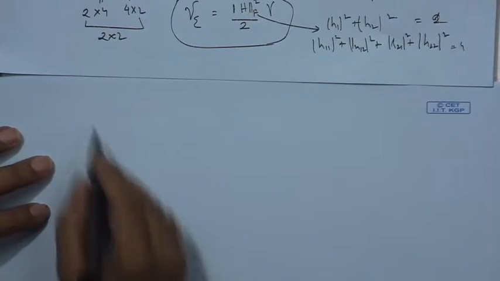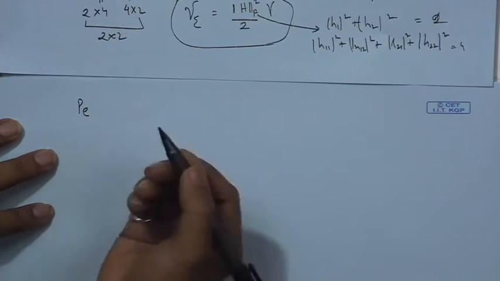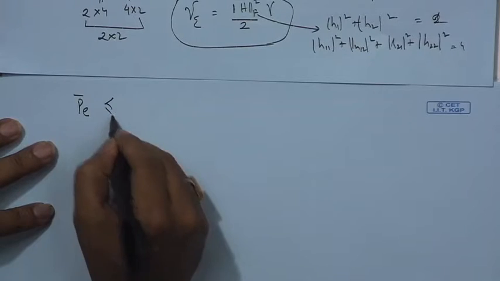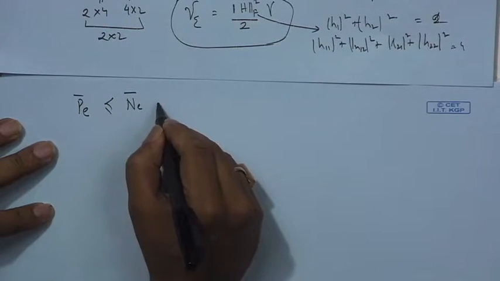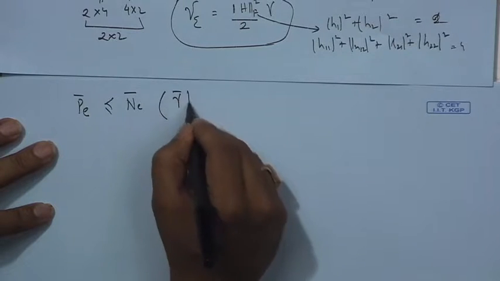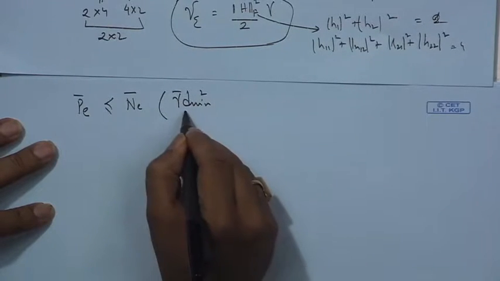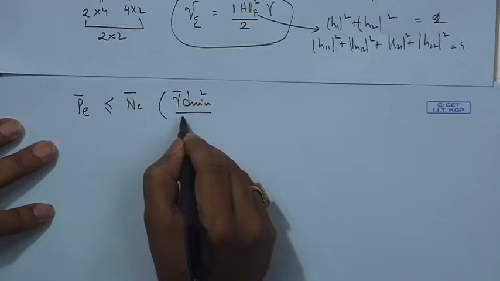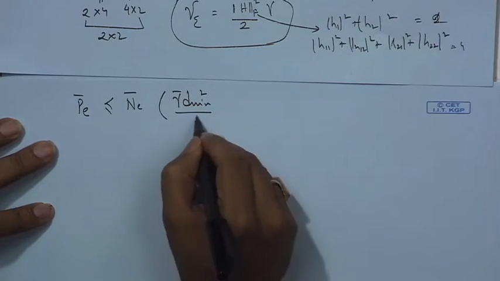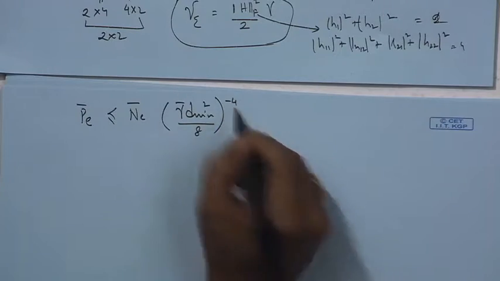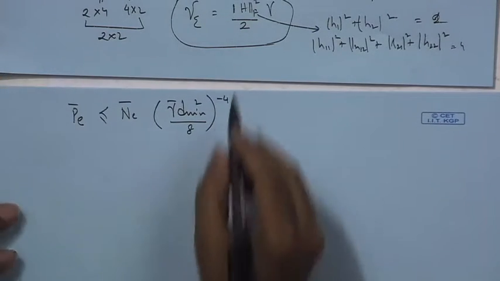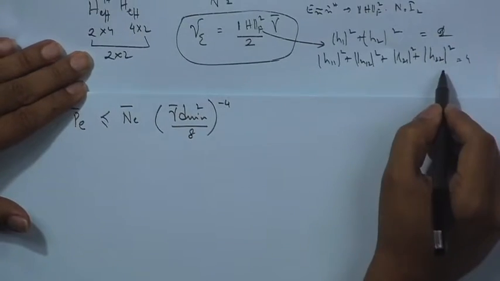So moving forward with the error probability expression, what you're going to get is probability of error. The average expression would be gamma bar d min squared by 4m, if you remember. So this would give us 2 to the power of minus 4, because here HF squared has 4 entries.